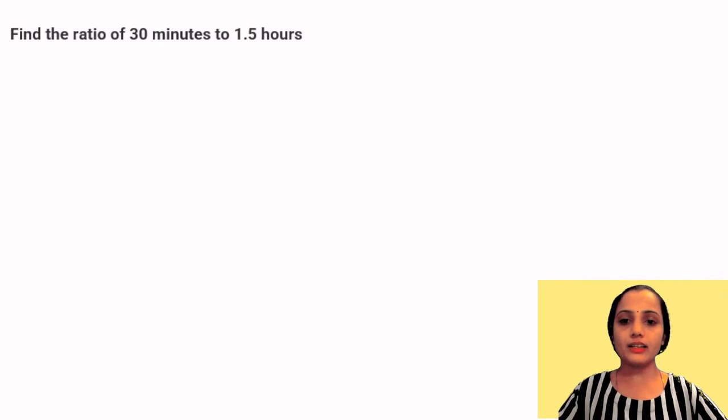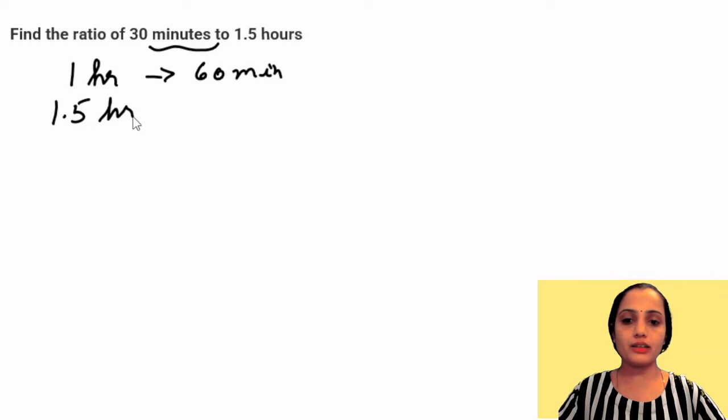Let's look at another question. This time it's in different units. We have the ratio of 30 minutes to 1.5 hours. 1 hour is 60 minutes. So 1.5 hours gives us 1.5 into 60 minutes, which is 90 minutes.